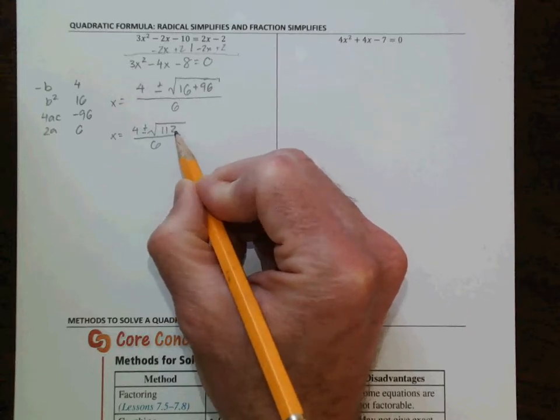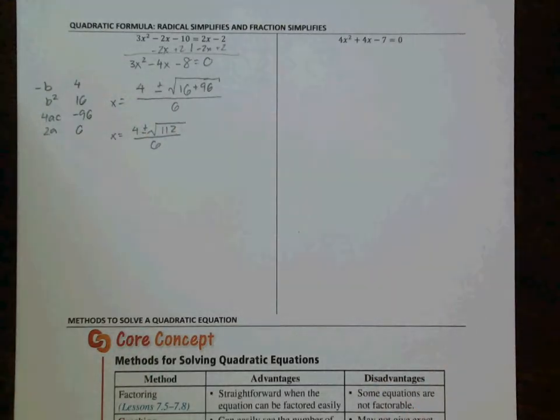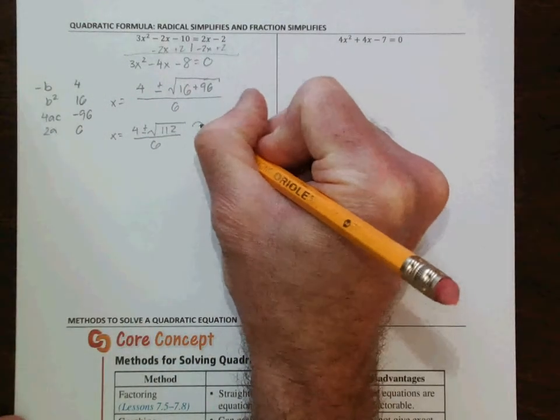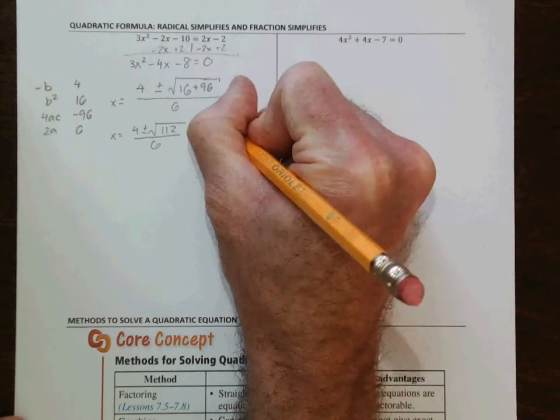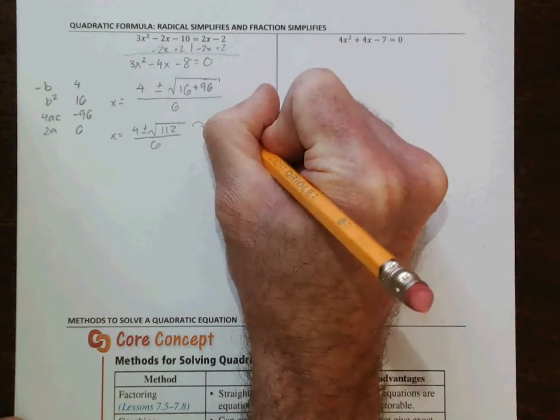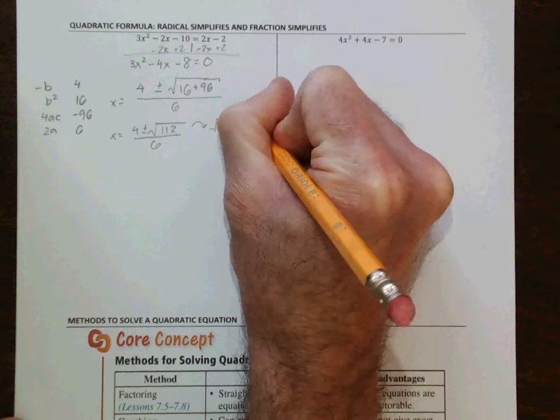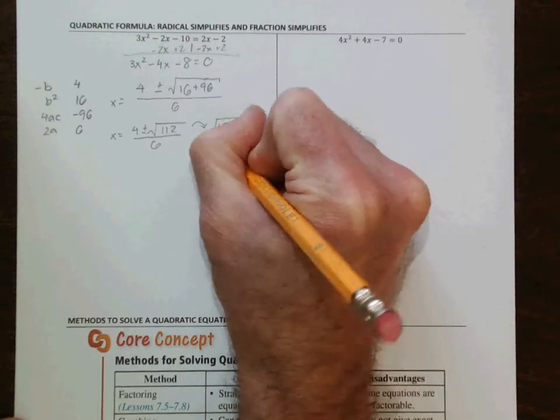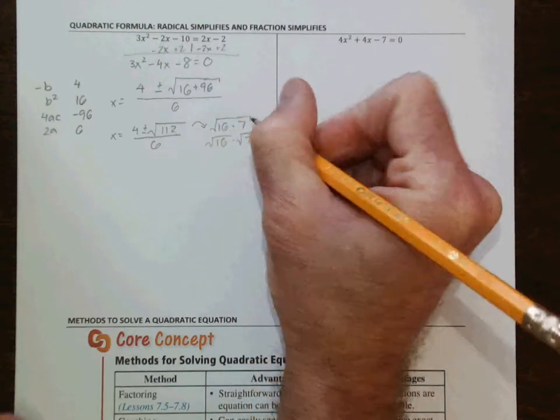And so this is divisible by 4, but if something's divisible by 4, I will always check to see if it's divisible by 16 as well when I'm simplifying a square root. And this is the square root of 16 times 7, or the square root of 16 times the square root of 7.